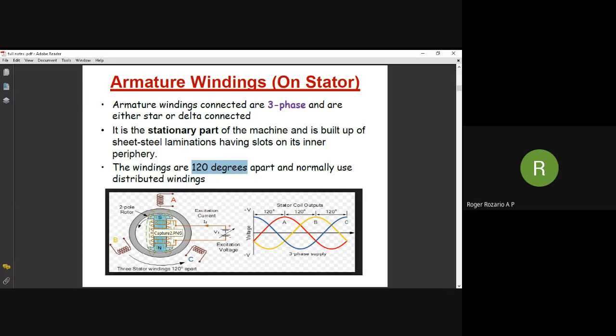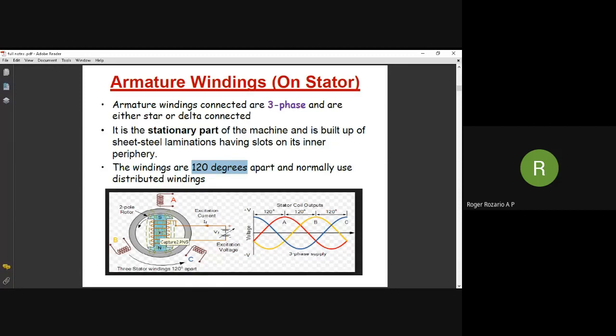So you have a stator and you have a rotor, and the stator has three-phase windings. Look at this A, B, and C. These three windings A, B, and C are distributed in space with respect to each other by 120 degrees. Three stator windings 120 degrees apart.